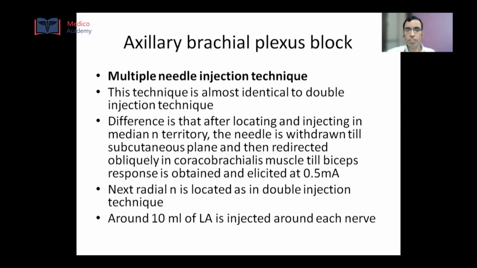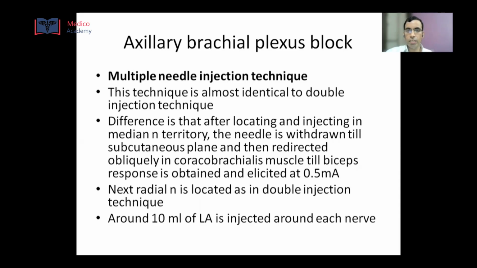There is another technique, which is the multiple needle injection technique. The purpose of this technique is to target musculocutaneous nerve as well, which usually leaves the axillary artery at the level of coracoid process. So the technique is almost identical to the double injection technique.